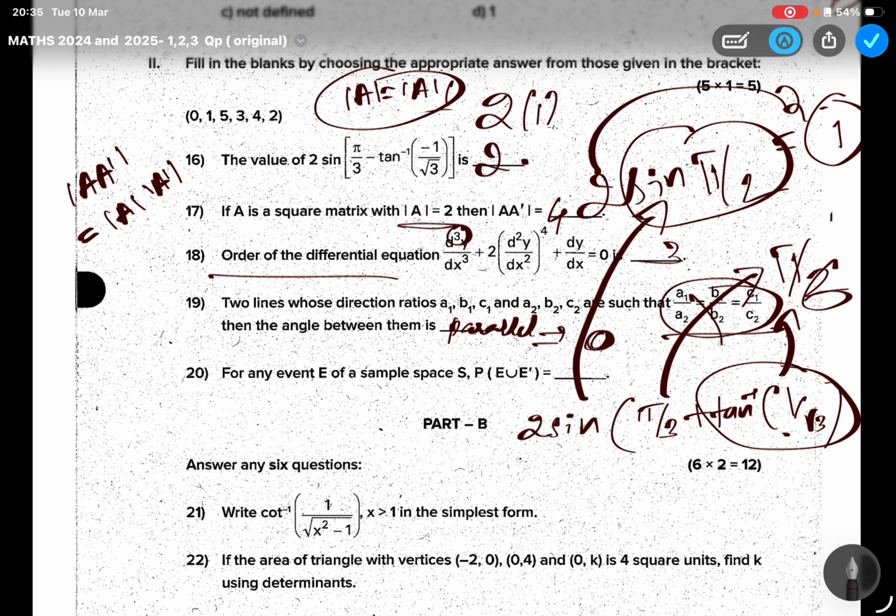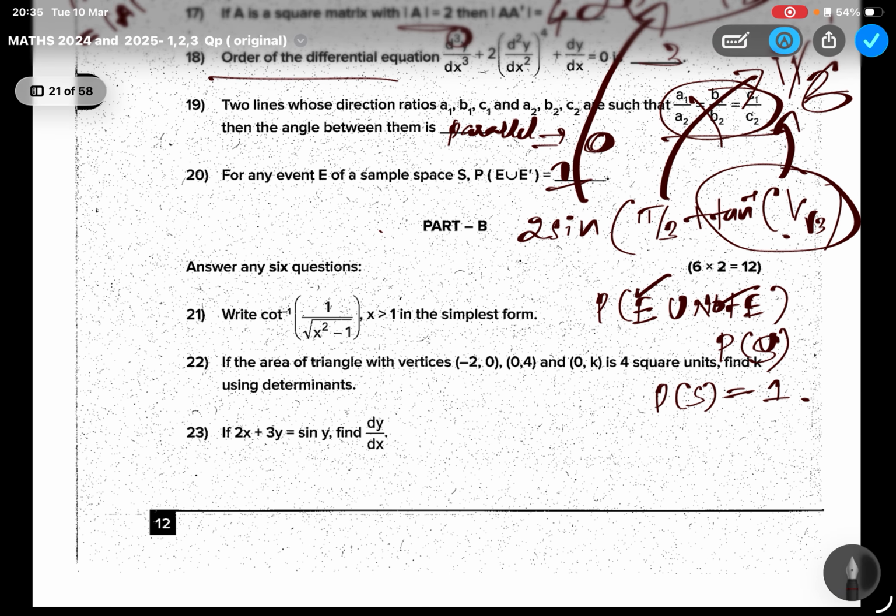E union E dash is the same as E union not E. So whatever E is, it is nothing but the universal set, that is the sample space. Probability of the sample space is nothing but 1. The answer for this one will be 1.